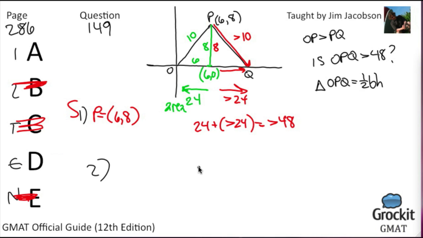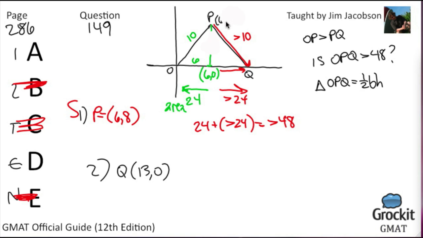Statement 2 tells us that the coordinates of point Q are 13 and 0. I already drew all over my diagram here, but hopefully it's clear. Actually, I'll make it a little bit clearer.